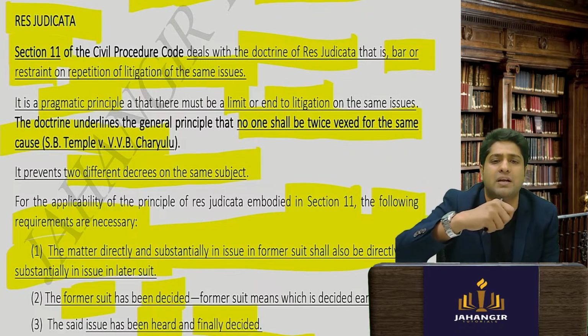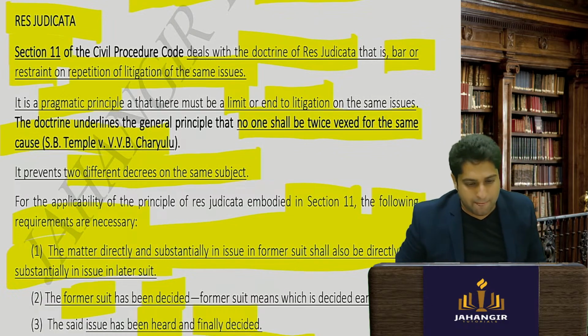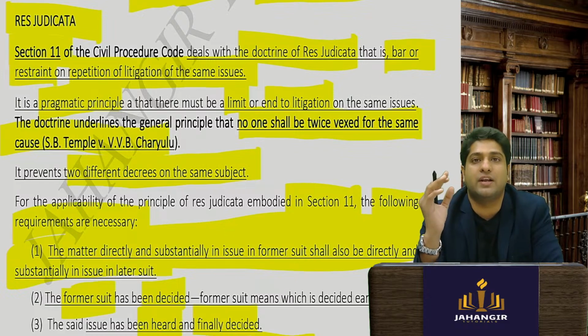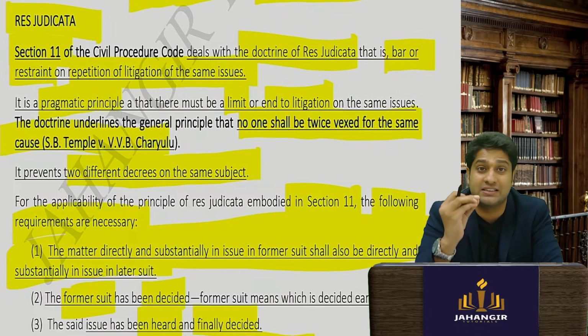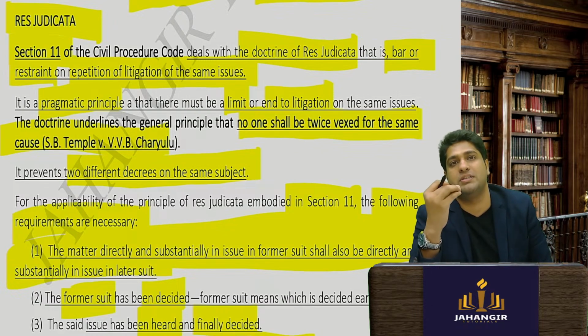We cannot punish him again. So Section 11 deals with the doctrine of res judicata, which is a bar or restraint. It stops someone from repeatedly filing litigation on the same issue. It says that no person shall be vexed twice.